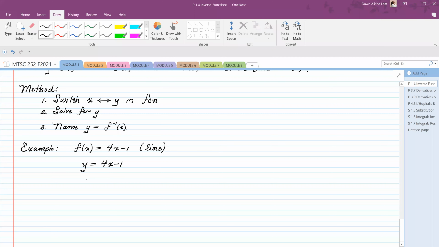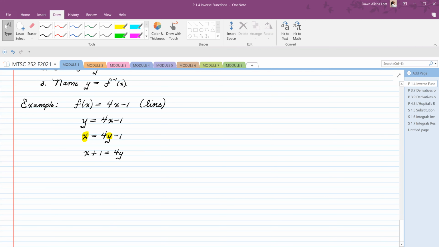So now I'm going to switch x and y. So now I'm going to have x is 4y minus 1. So there's the switch. Now I'm going to add 1 to both sides and get x plus 1 is equal to 4y. And then I'm going to divide by 4 and get y is equal to x plus 1 divided by 4.